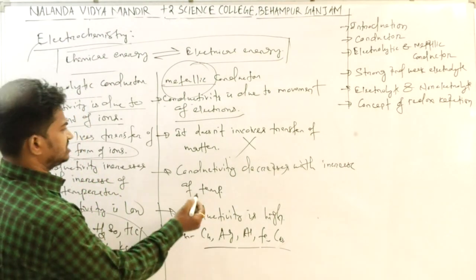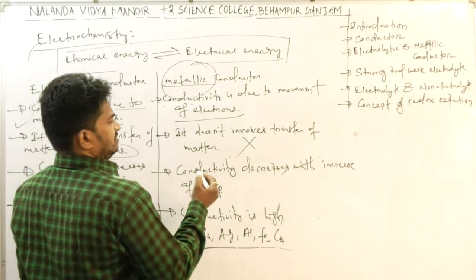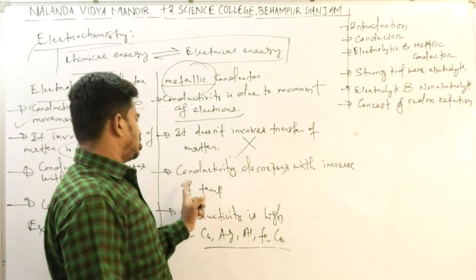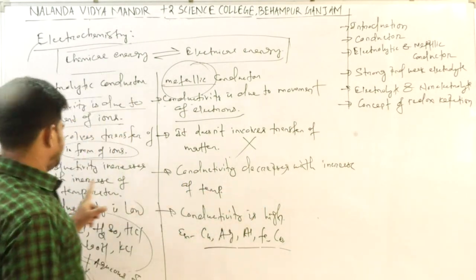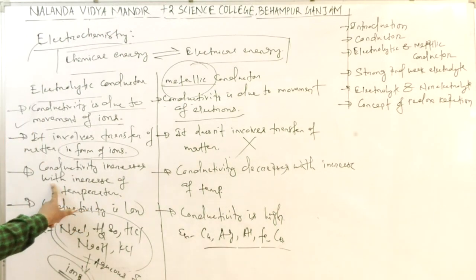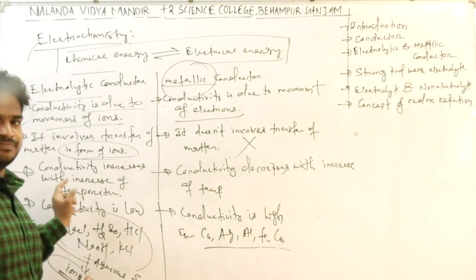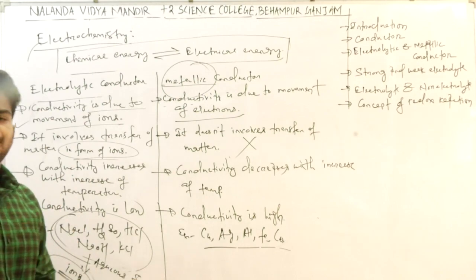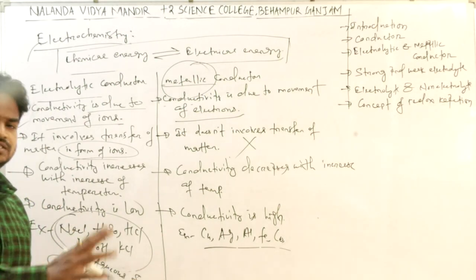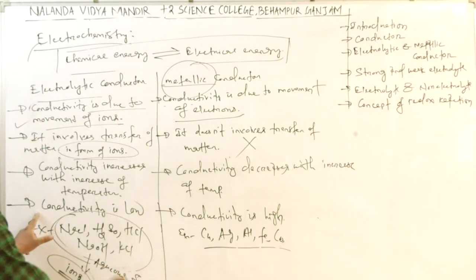So by increasing the temperature, conductivity decreases. But in an electrolytic conductor, by increasing the temperature, dissociation rapidly occurs, as a result of which conductivity also increases.